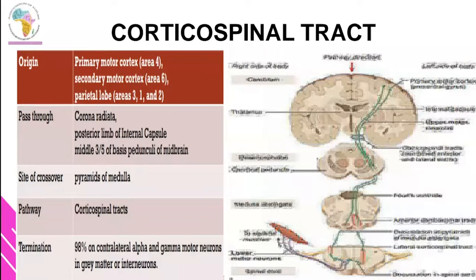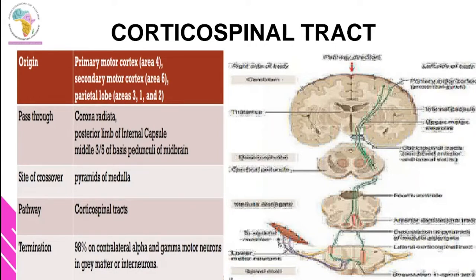For example, if the right side of the brain has been affected, because these fibers as they are coursing down tend to decussate, they tend to cross over at the medullary pyramids here.